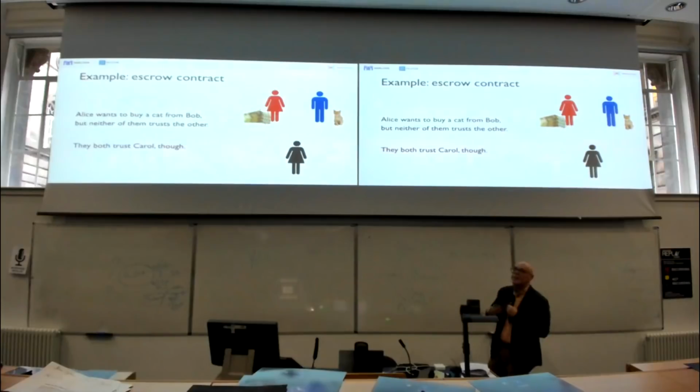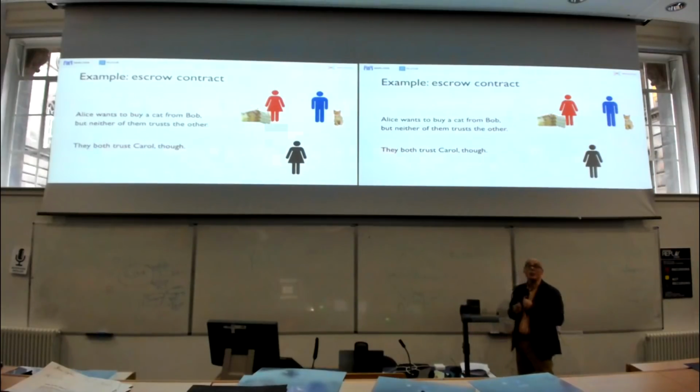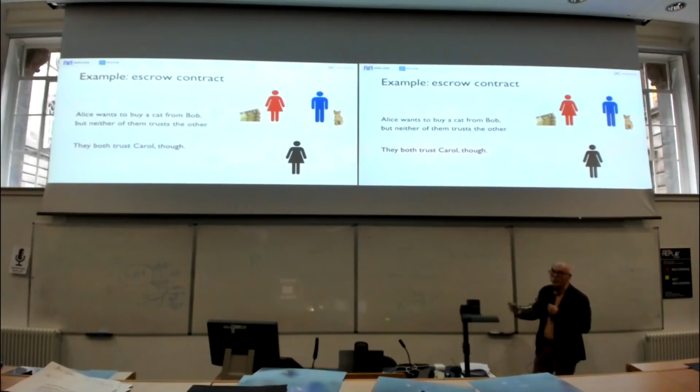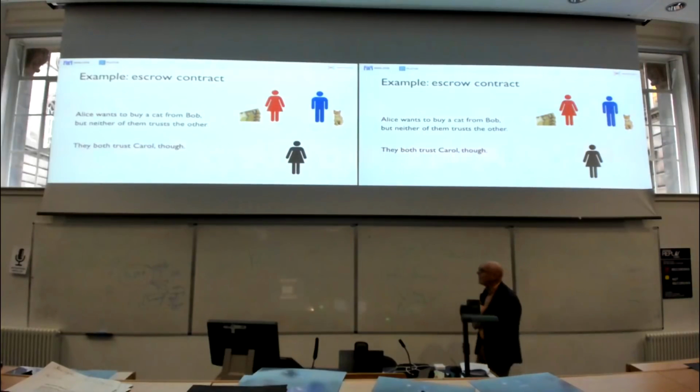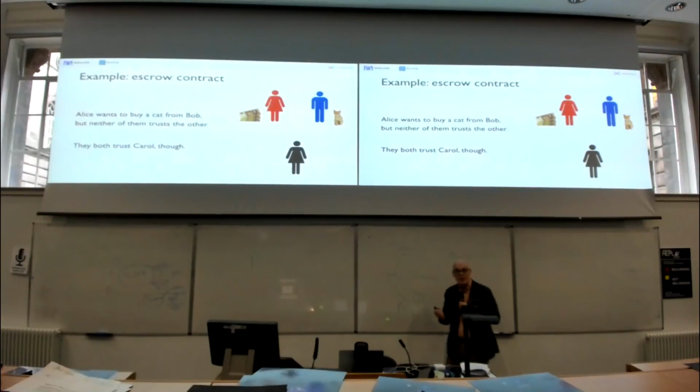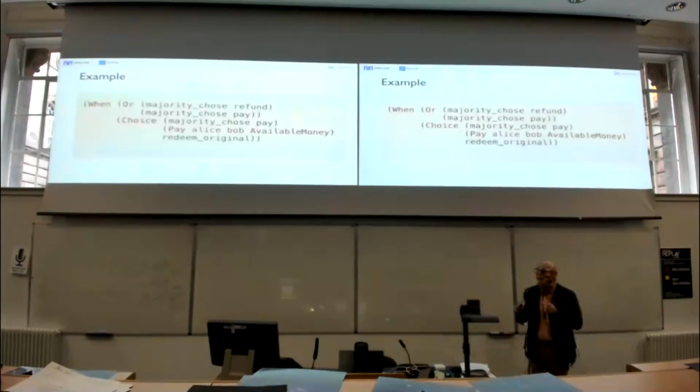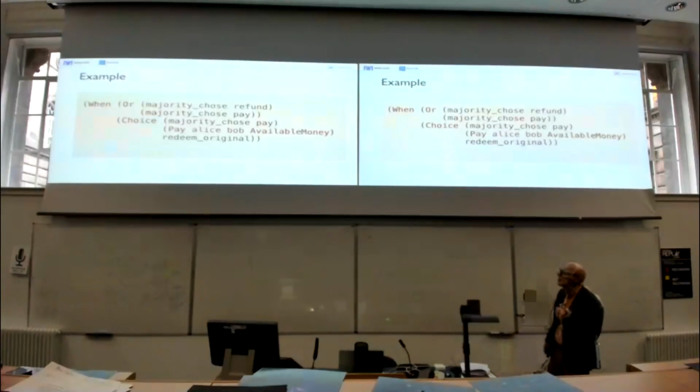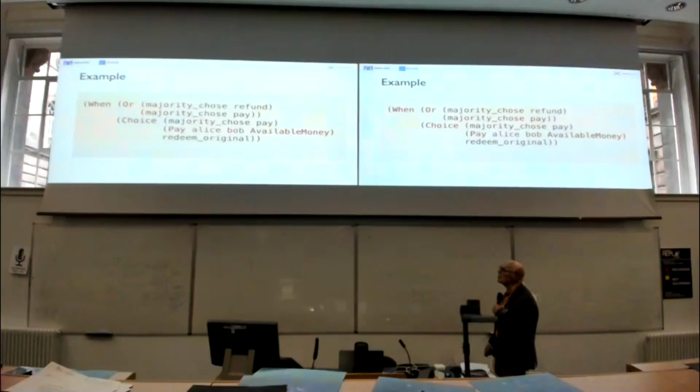So it's a simple, what's called an escrow contract. So you've got these two alternatives. Either Carol can see and concur that the cat has been transferred, or she can see the cat has stayed with Bob. But broadly, this is the contract we might expect to see.